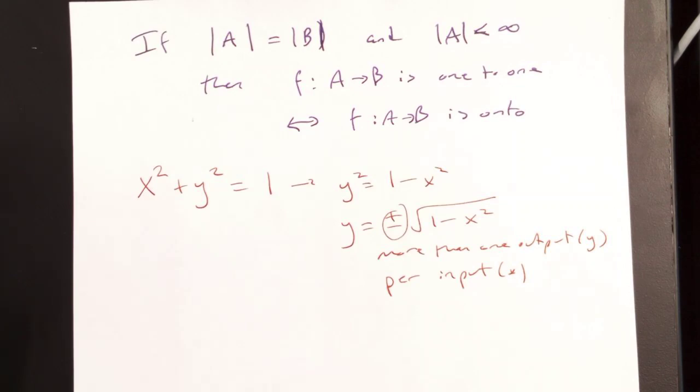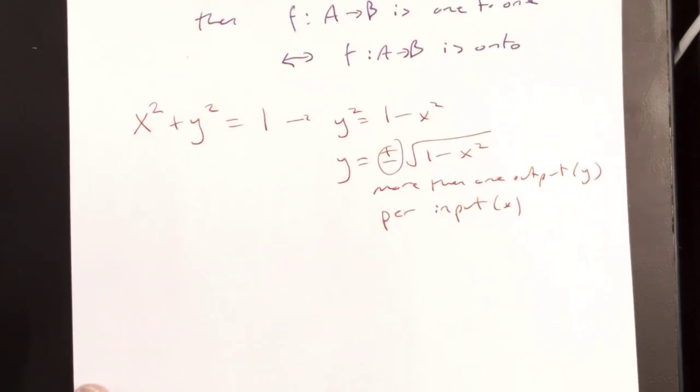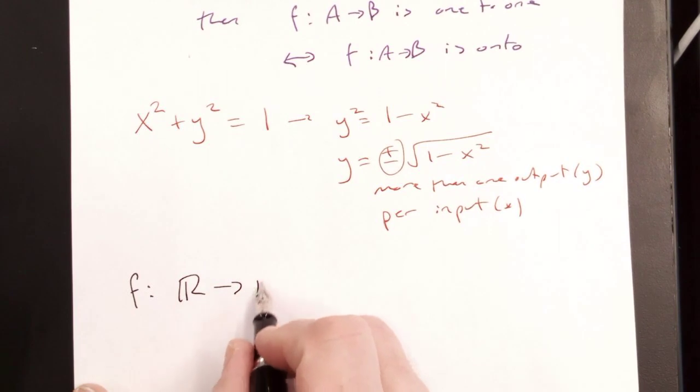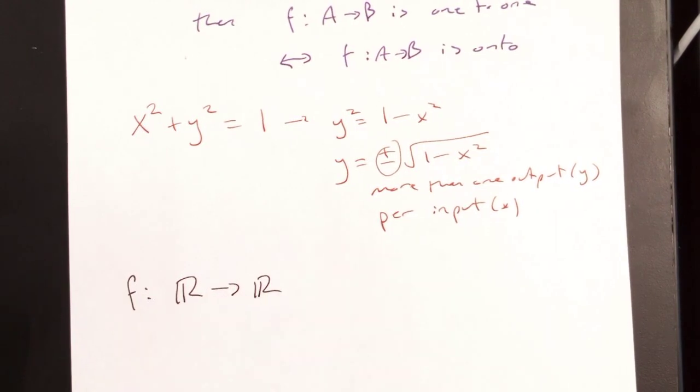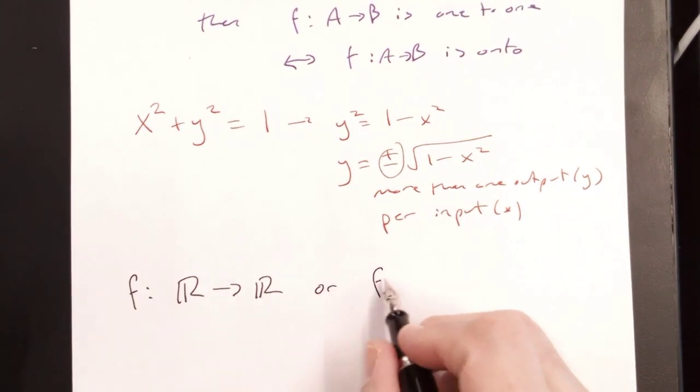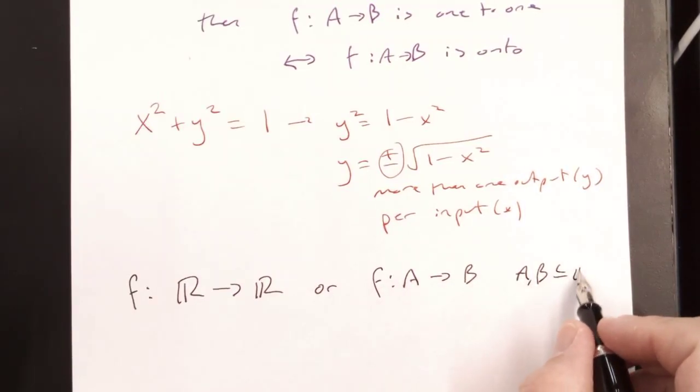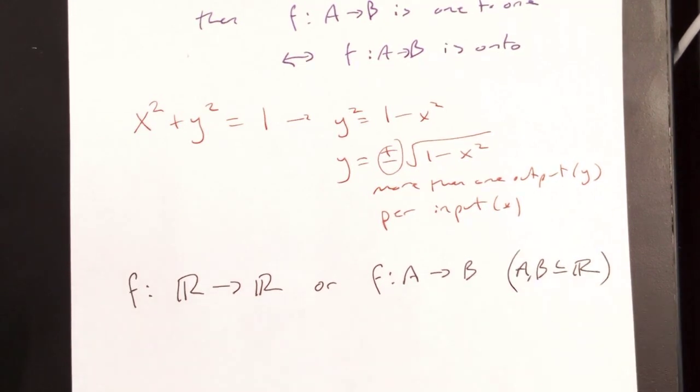When we are dealing with functions whose outputs and inputs both are sets of numbers, then we can talk about direction. So, let me think about a function from the reals to the reals, or from some subset of the reals to some subset of the reals.